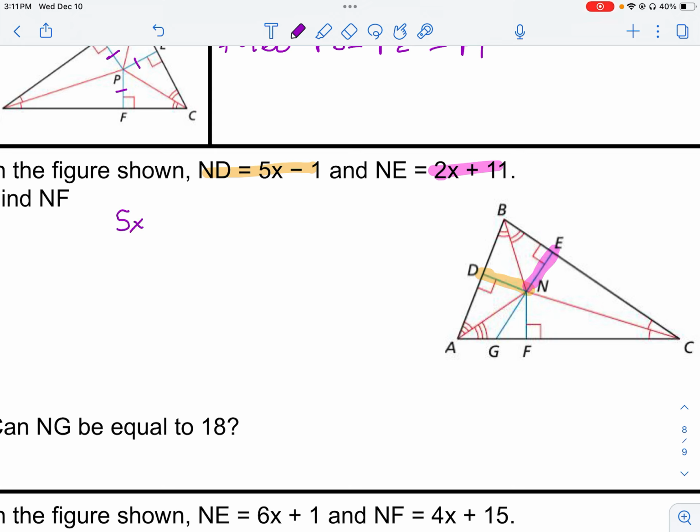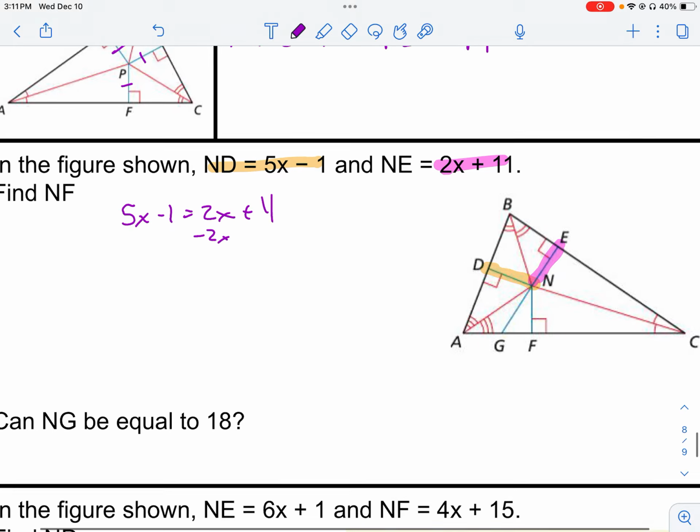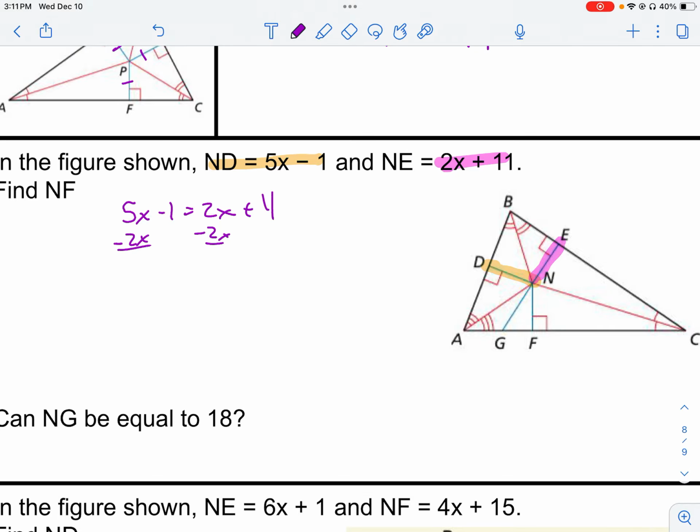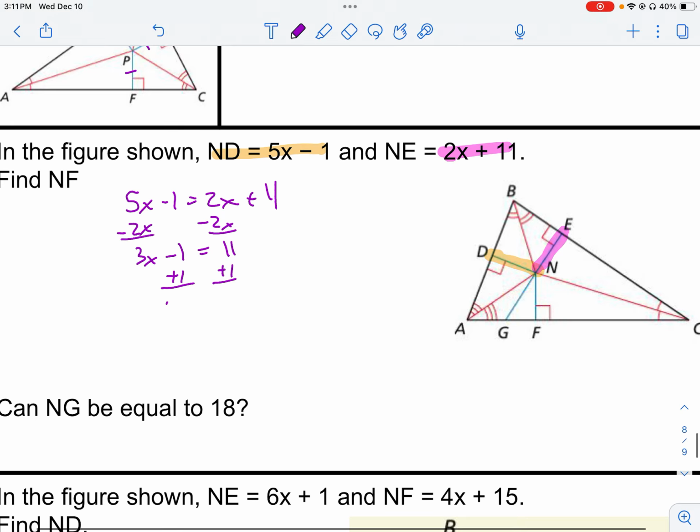So 5x minus 1 is going to equal 2x plus 11. And then we're just going to algebra this out, and we're going to find out that x equals 4.